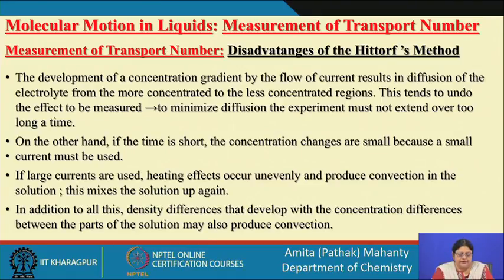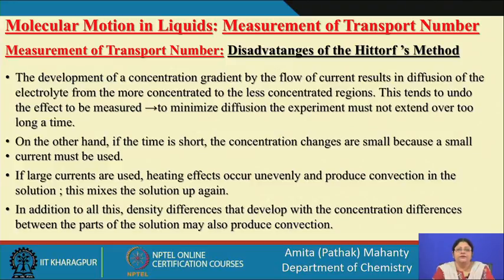If large currents are used, heating effects occur unevenly and produce convection in the solution. This mixes up the solution again. So, like in the moving boundary method, here also we have to see that the large current used does not cause a heating effect.